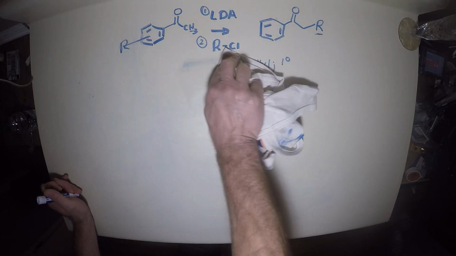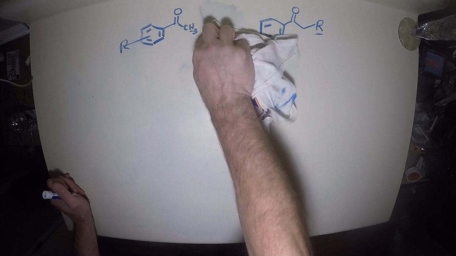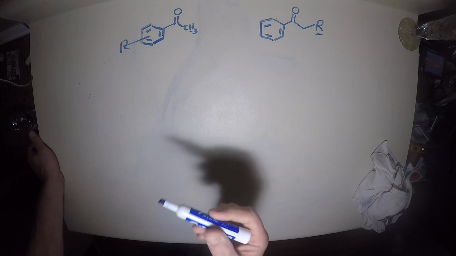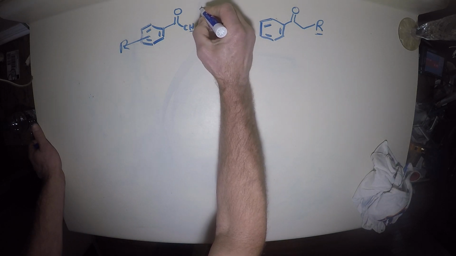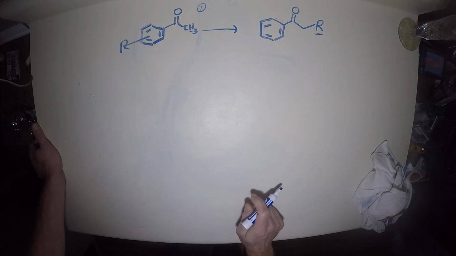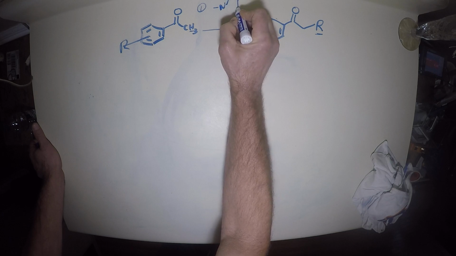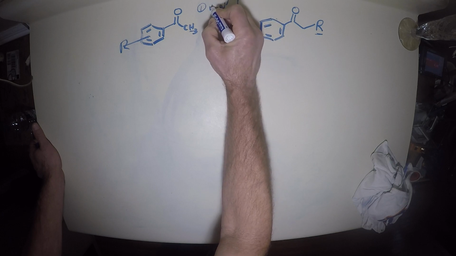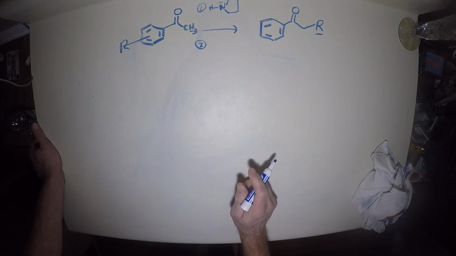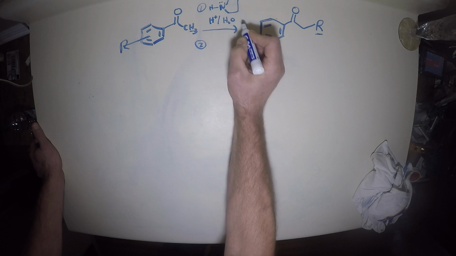An alternative methodology to accomplish the same goal would be the Stork reaction. This involves treatment of the ketone or aldehyde with a secondary amine like pyrrolidine. That step would be done in acid and water.